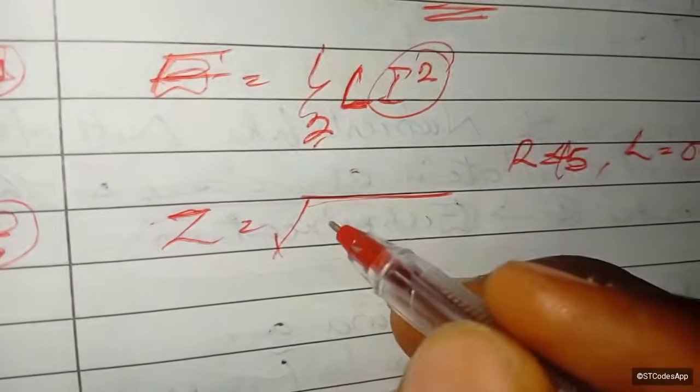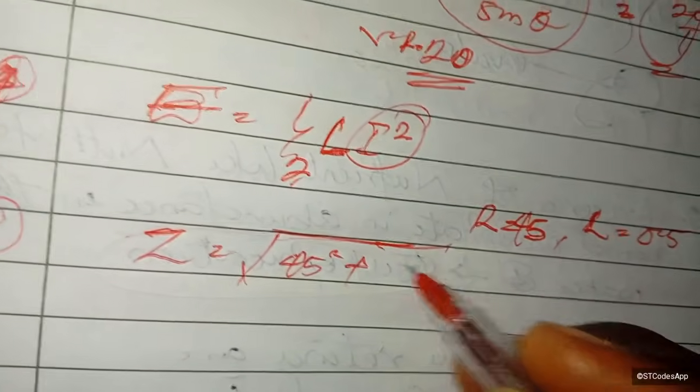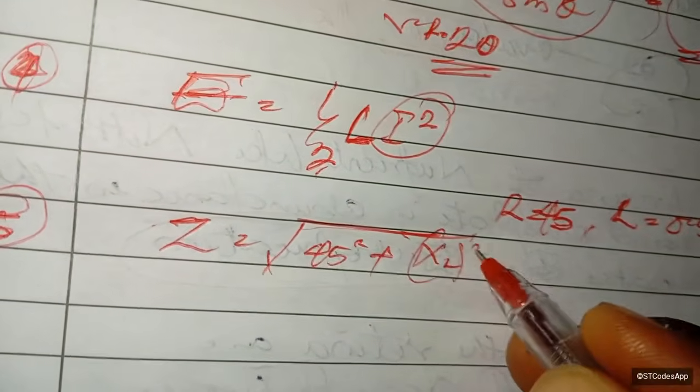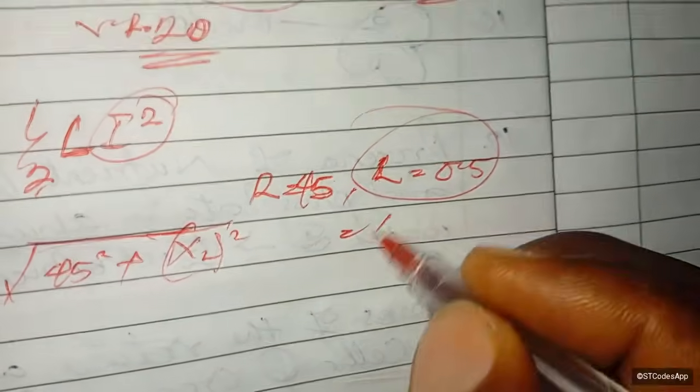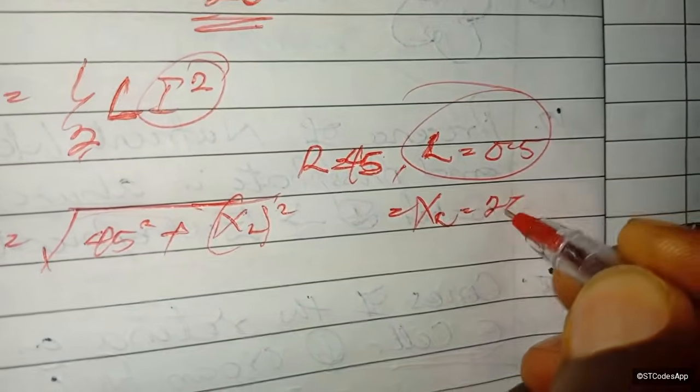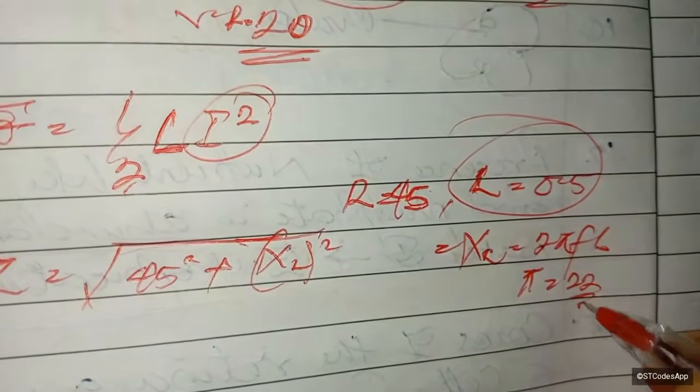So Z equals the square root of R squared, 45 squared, plus x sub L all squared. I have to find x sub L, and the formula for that x sub L is equal to 2 pi f L. He said that pi will be given to you as 22 over 7 there.